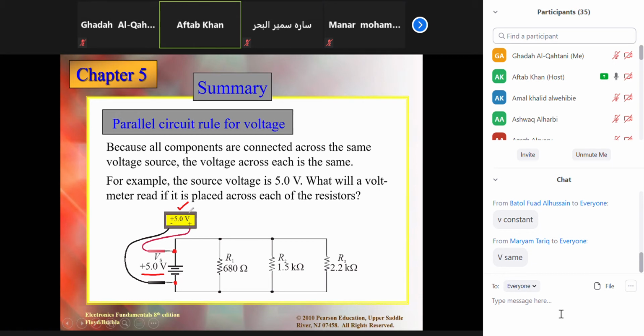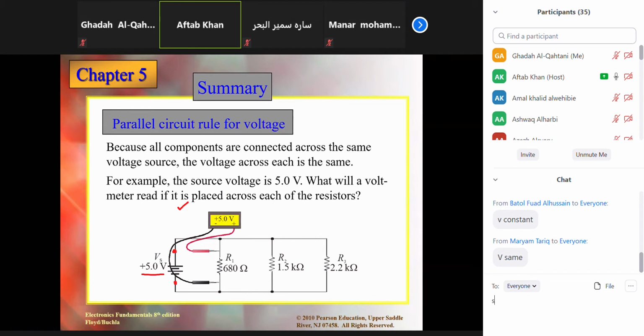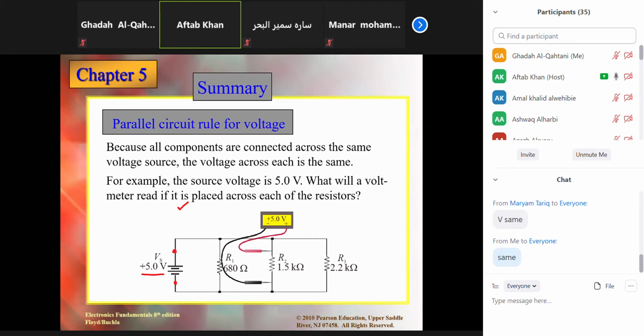Now if I put this voltmeter across R1, see, same voltage, and same voltage. It means in a parallel circuit, voltage is the same, but current is different.